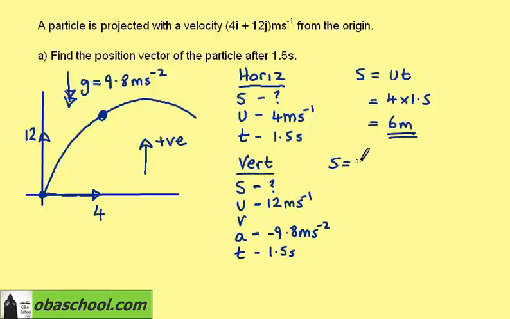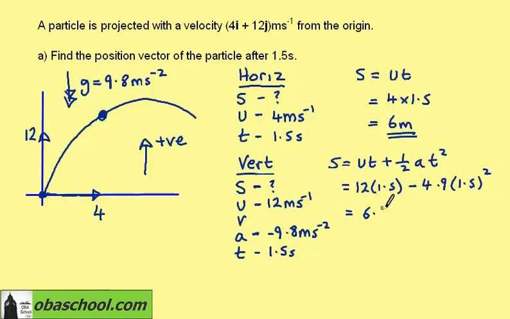We can use s equals ut plus a half at squared. This is going to be 12 times 1.5, and a half of minus 9.8 is minus 4.9 times 1.5 squared. This calculates to 6.975 meters.